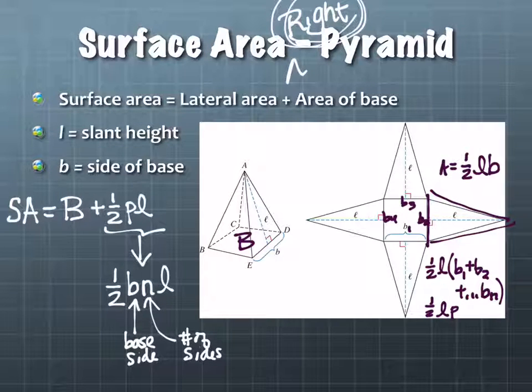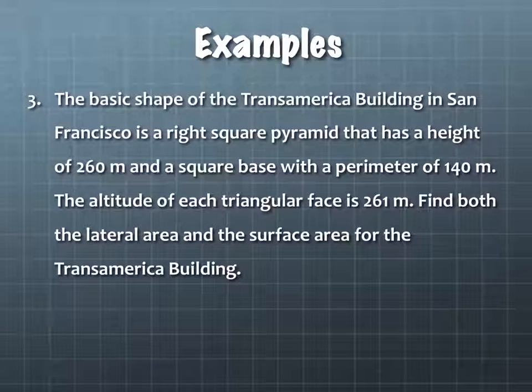Yeah, that's right. Okay. So this chapter 14 has wonderful application problems because areas, volumes, surface areas are like real life things, right? So this would be an example of a real life surface area type problem. The basic shape of the Trans-America building in San Francisco is a right square pyramid with a height of 260 meters and a square base with a perimeter of 140 meters.